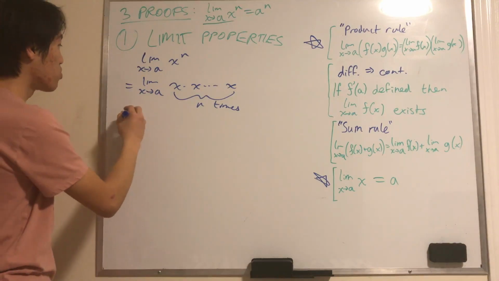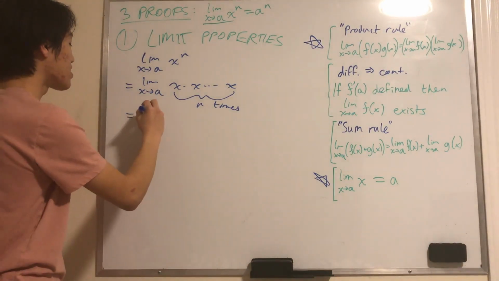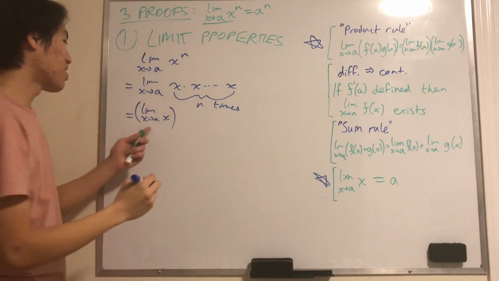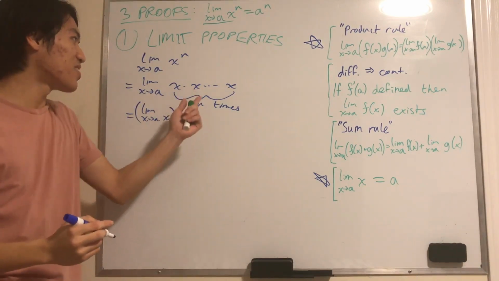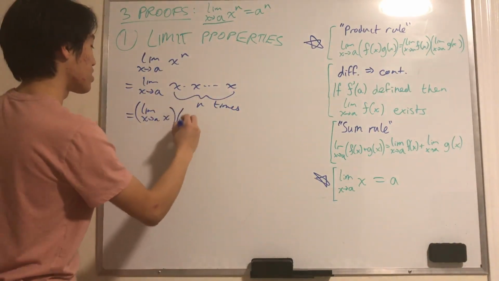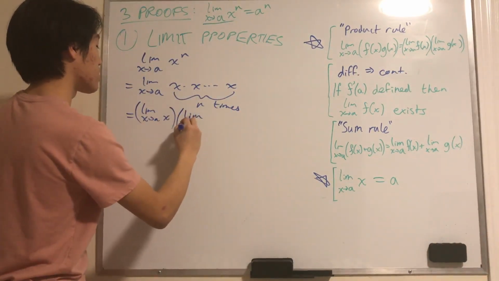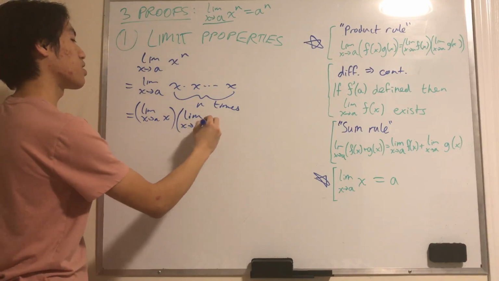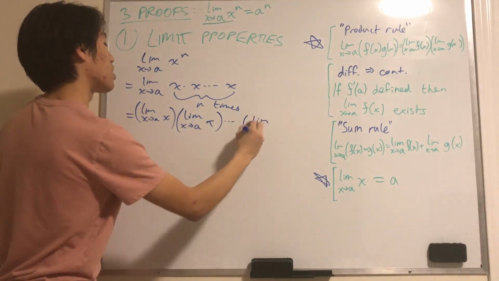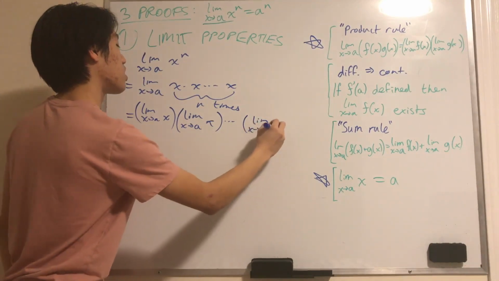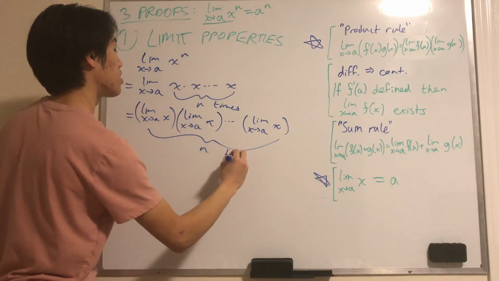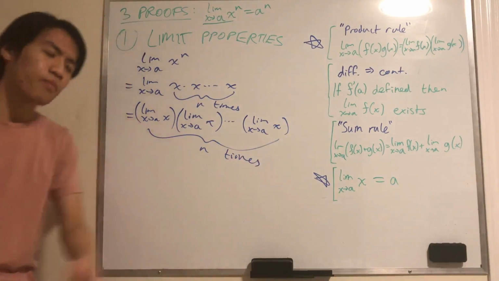So using the product rule, we can rewrite this as the limit as x goes to a of x times the limit as x goes to a of x times the limit as x goes to a of x, and so on n times. Just like that.